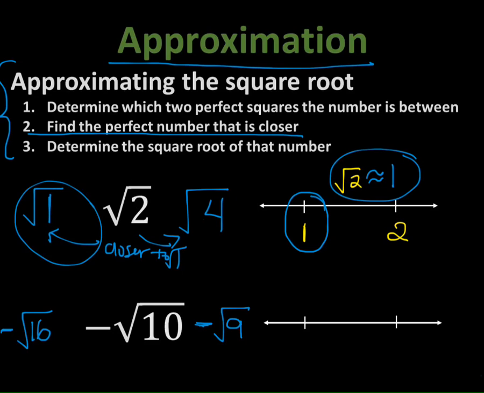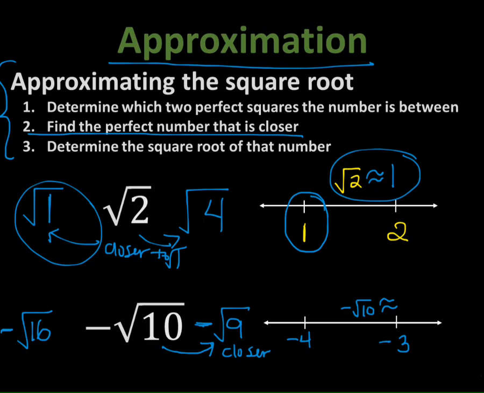Which number is 10 closer to? 10 is closer to 9. It's only 1 away. So when I look at my number line, the negative square root of 16 simplifies to negative 4. Negative square root of 9 simplifies to negative 3. And negative square root of 10 is somewhere in between.